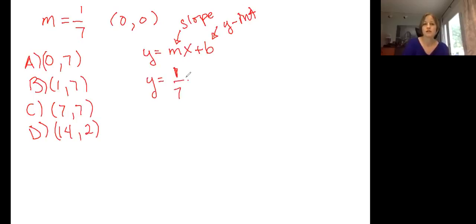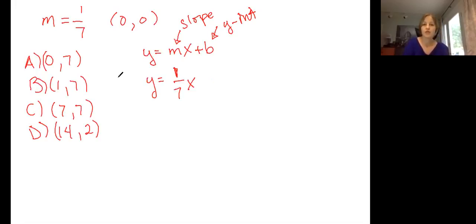And it gives us our y-intercept, because the y-intercept is where it hits the y-axis. Well, if it's at the origin, then the y-intercept is 0. But I'm going to go ahead and erase that because plus 0 doesn't matter, right? So here's our equation then: y equals 1/7 x.